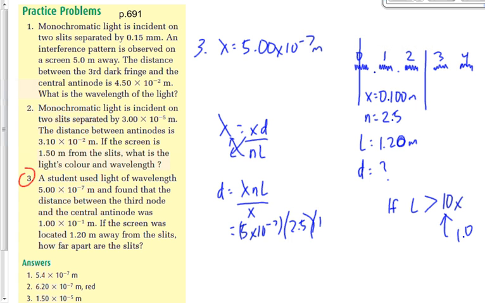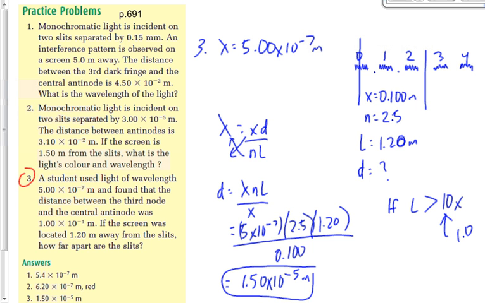L, 1.20. X, 0.100. We solve for D. It works out to be, I assume the answer they have in the book there, 1.50 times 10 to the minus 5 meters. Is that okay? Yep.